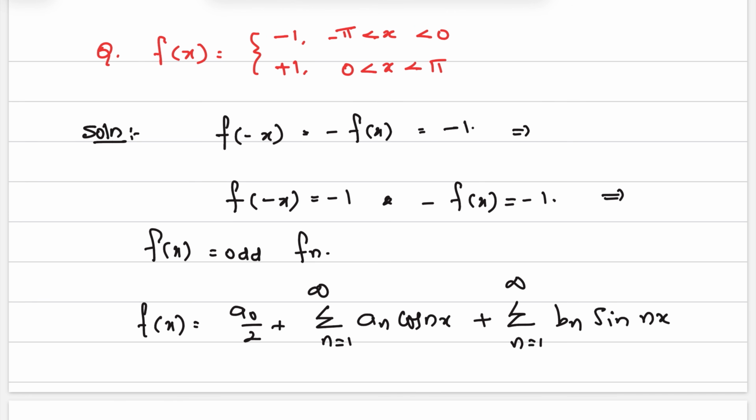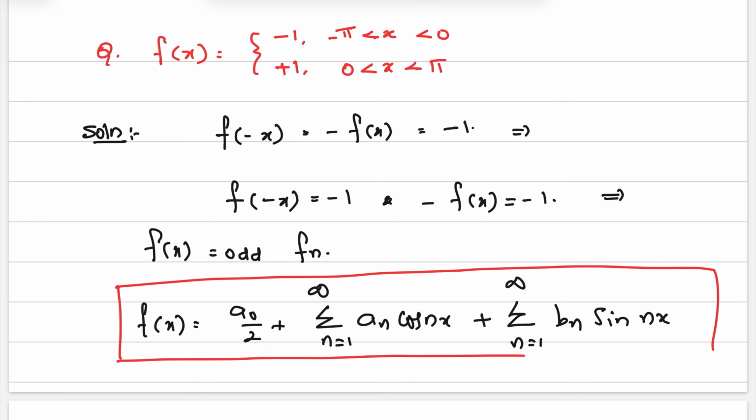It is the standard form of the Fourier series. It will not change under any circumstances.